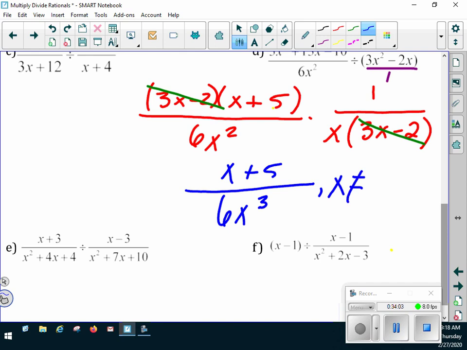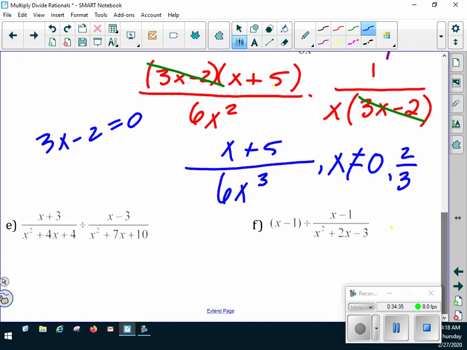Is there anything that x is not allowed to equal? 0. Three x minus 2 cannot equal 0. I think we did one like this yesterday. How do you solve that little equation right there? Add 2 and divide by 3, so x cannot equal 2/3. Didn't we do one like that? Okay, I thought we did.